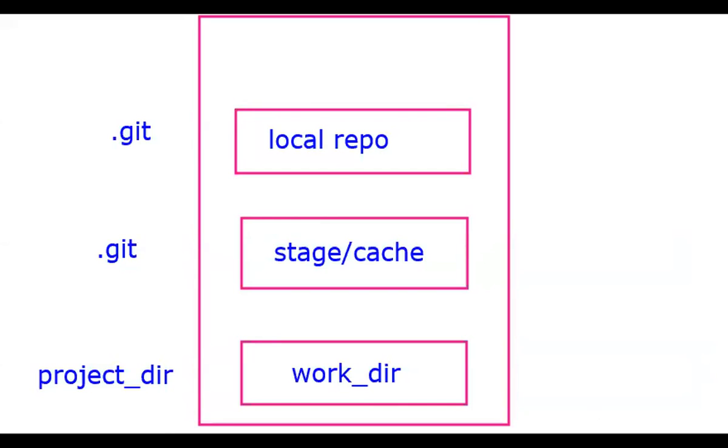So the first command that you will use is add. Now what does add mean? Add means copy the file from the working directory to the staging directory. Another is you'll also copy the file from the staging directory to the repository and that is called commit.